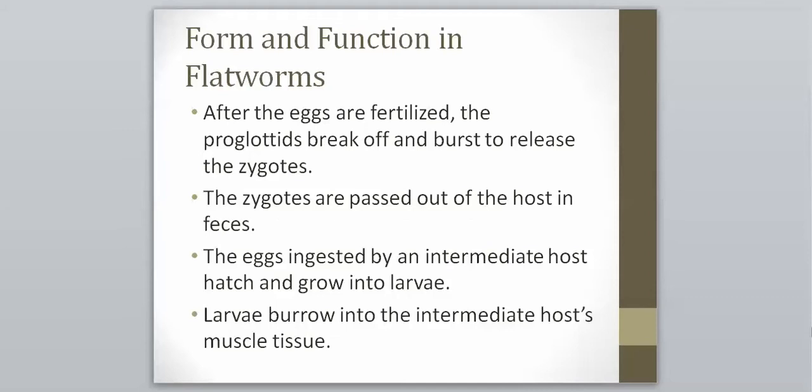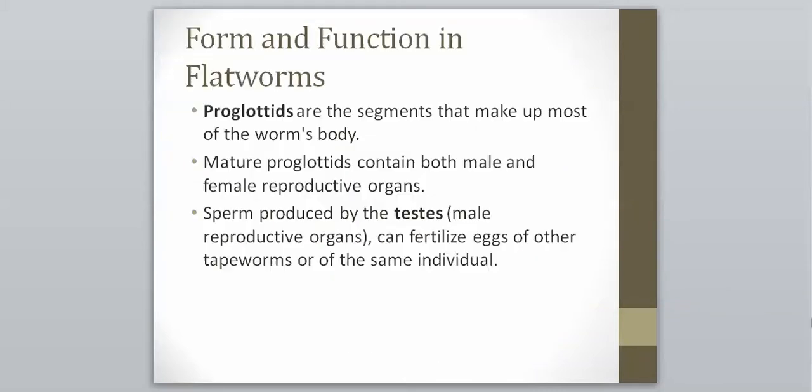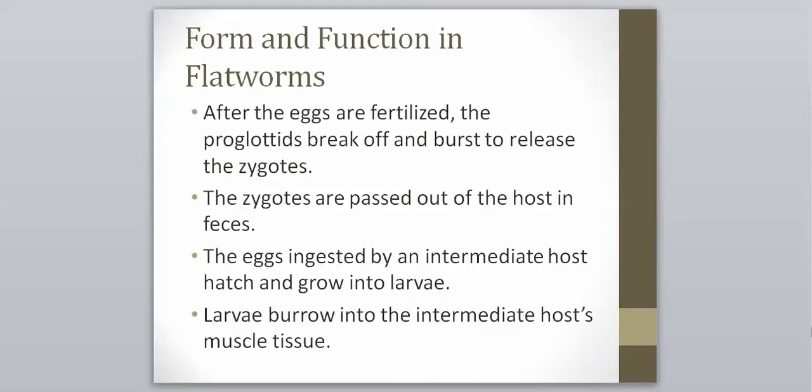After eggs are fertilized, the proglottids will break off and burst to release the zygotes. We can see in this picture a literal bursting of the segments to release basically baby tapeworms, the zygotes. The zygotes are then passed out of the host in feces, and the eggs are ingested by an intermediate host where they hatch and grow into larvae.